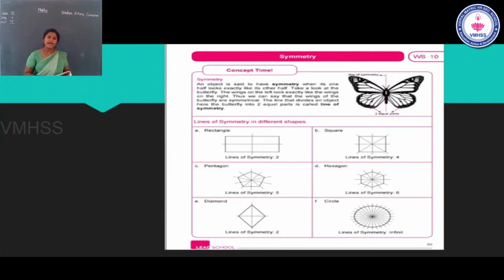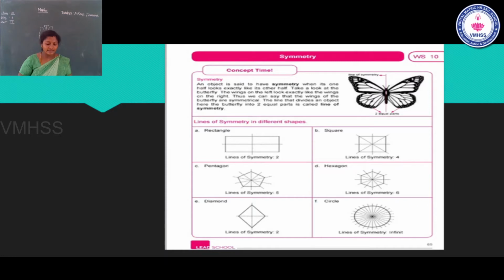Take a look at the butterfly picture. The wings on the left side look exactly like the wings on the right side. Thus, we can say that the wings of the butterfly are symmetrical.